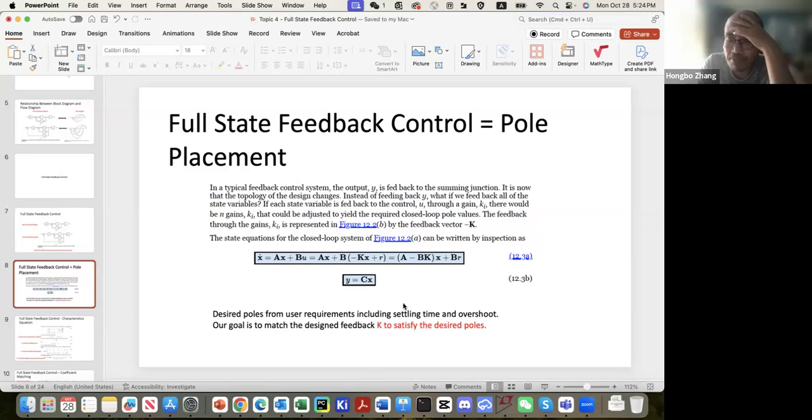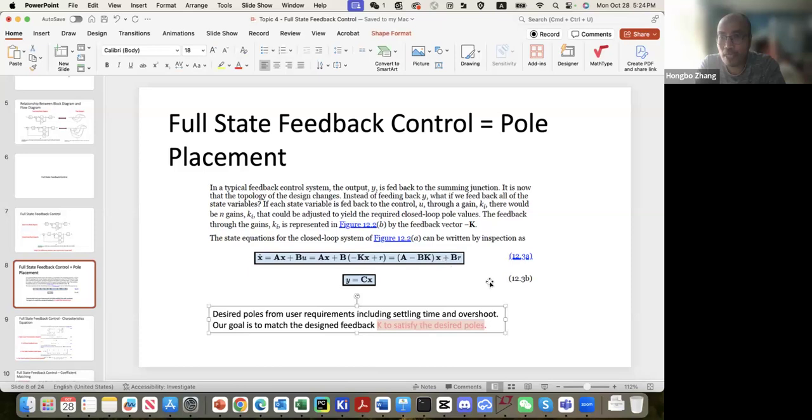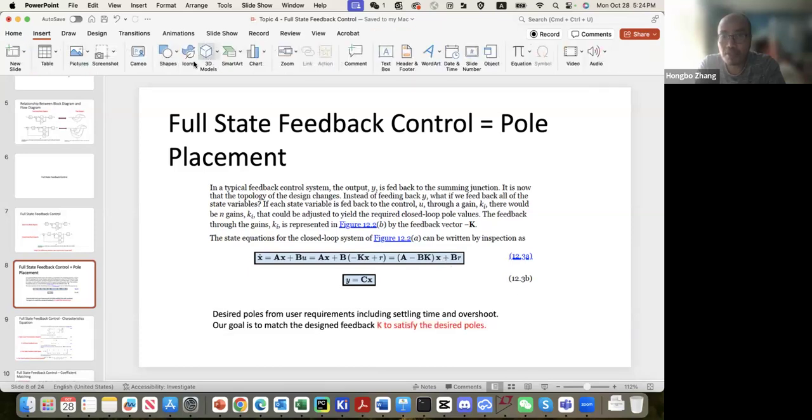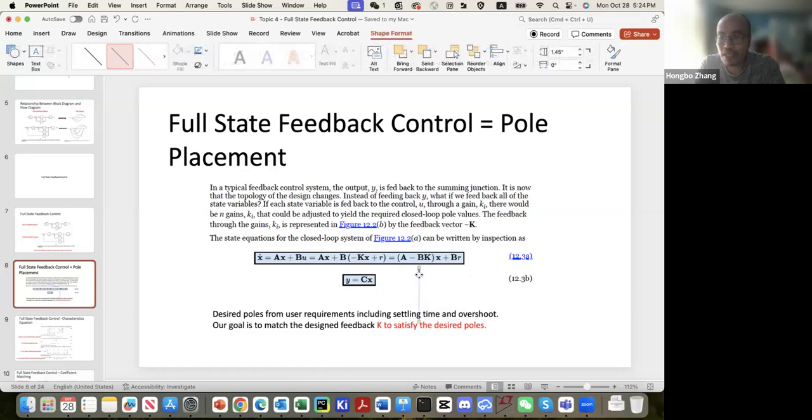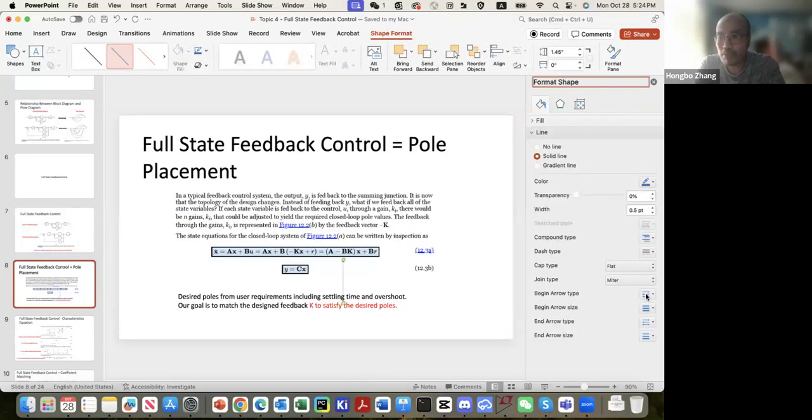If we make K match the desired poles, that means this system here, especially this closed-loop system. Let's talk about how this line and this line relate. Sometimes students feel a little confused about this portion: how are they connected, and is there any relationship between them? Yes, they do. Let me show you how they are related so you can understand better.